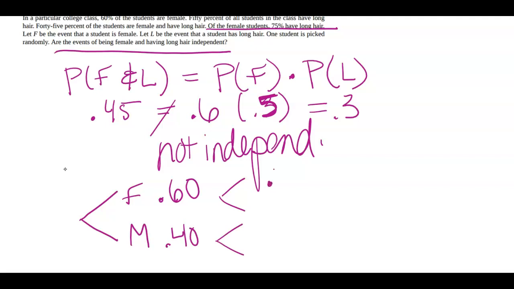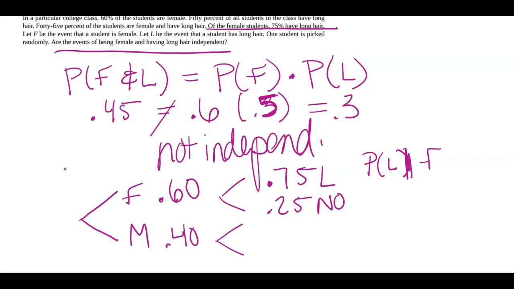Of the female students, 75% have long hair, so 25% do not. And so I could multiply up these branches to find the probability of long hair given female, but I could multiply up these branches as well to find this probability of long hair and female.